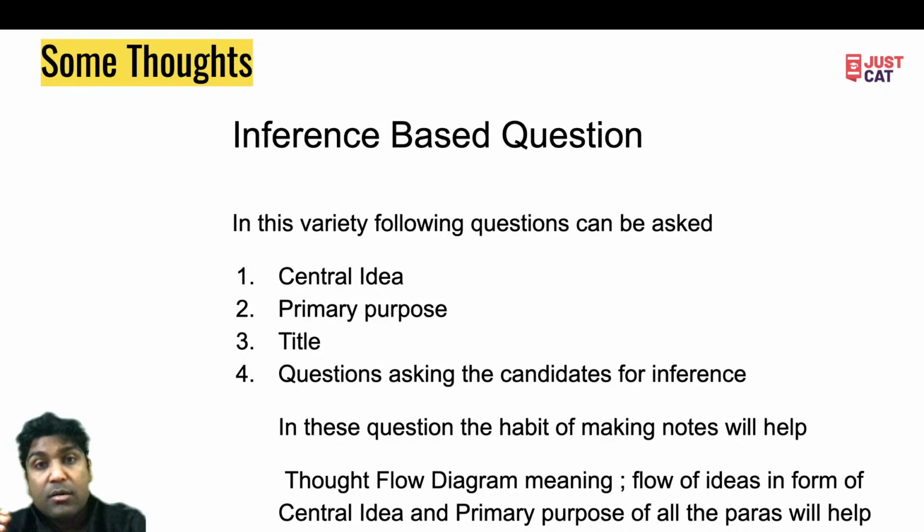And the central idea is that these issues which these tribes are facing can be resolved by interference at the level of local administration, NGOs, and forming self-help groups. This is the central idea. This is the main idea given there.